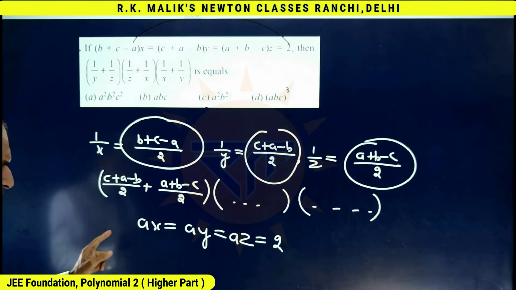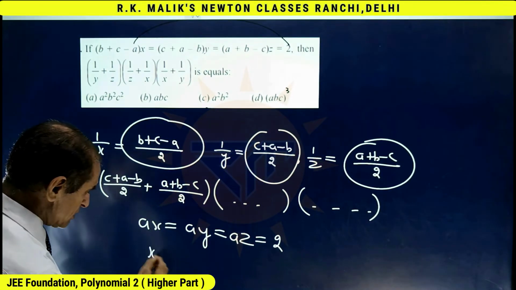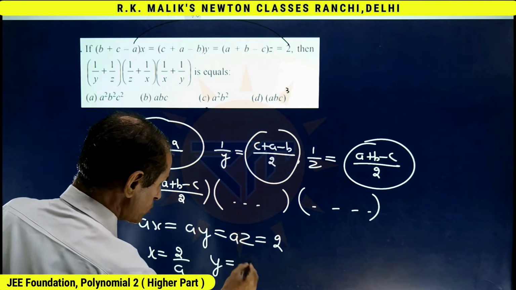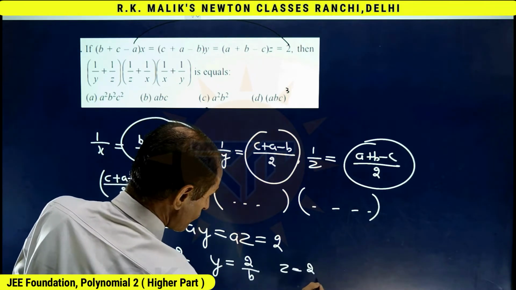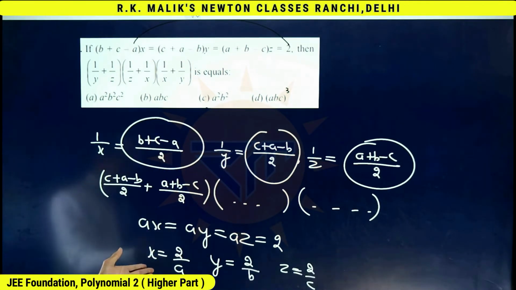That is, I will have to take x equal to 2 by a, y equal to 2 by b, and z equal to 2 by c.